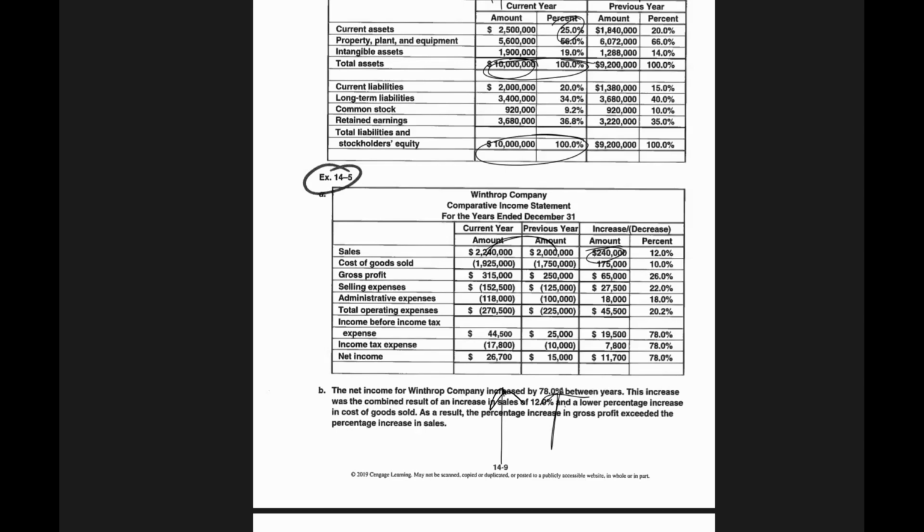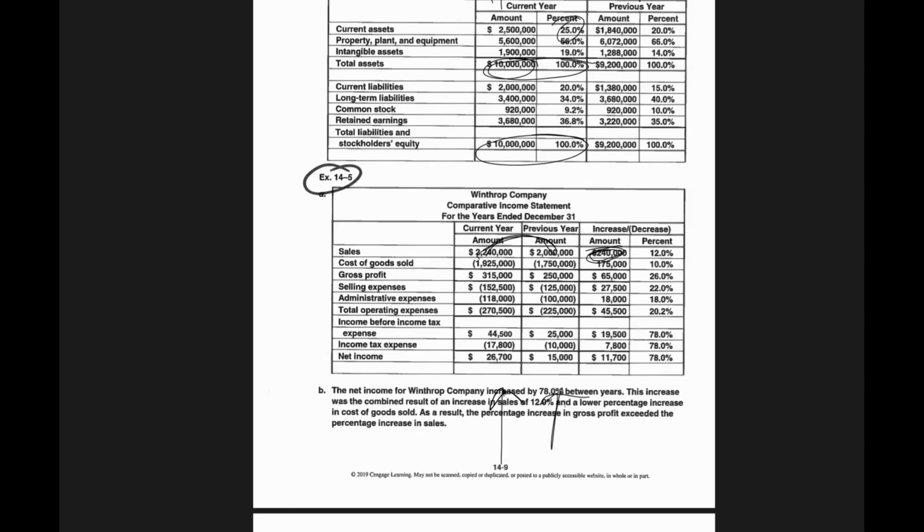So what you have to remember in this situation is, what is the denominator? So we know that the numerator is 240, but you got to be able to calculate the correct denominator, and it's always going to be that base year or the oldest year, because what we're trying to do is calculate what's the change going from 2 million to 2.24 million.